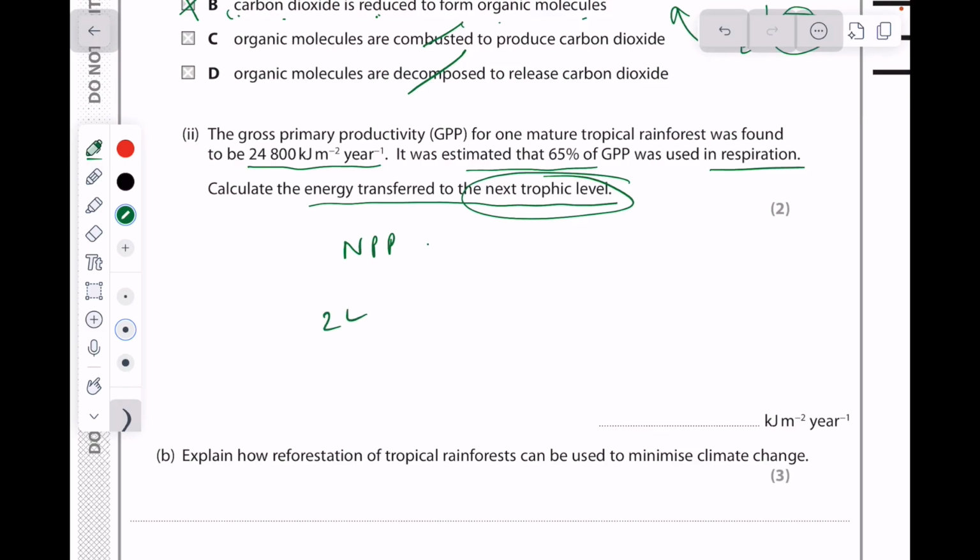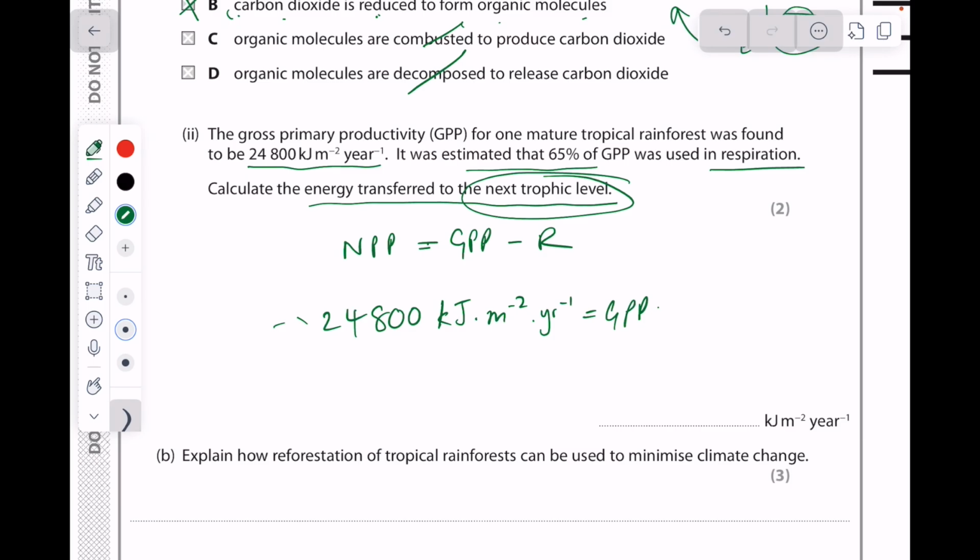So if they're telling me that 24,800 kilojoules per meter squared per year is equal to GPP, and that 65% of that was R, respiration. So remember, NPP equals GPP minus R. So what is 65% of that?